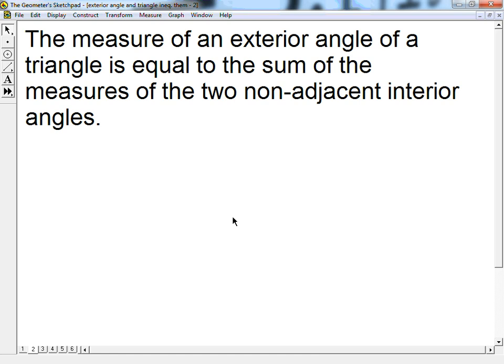So the measure of one exterior angle is equal to the sum of the measures of the two non-adjacent interior angles.